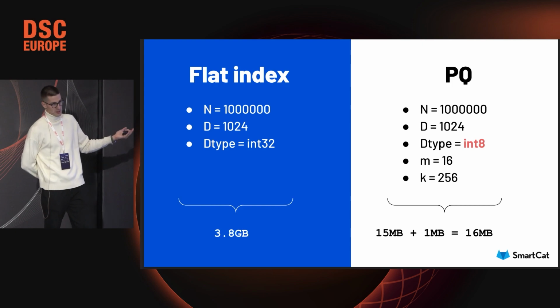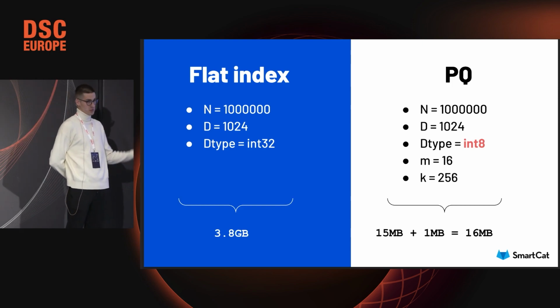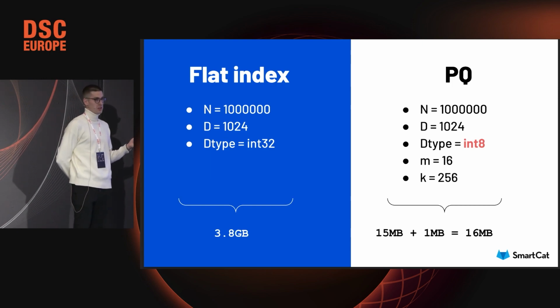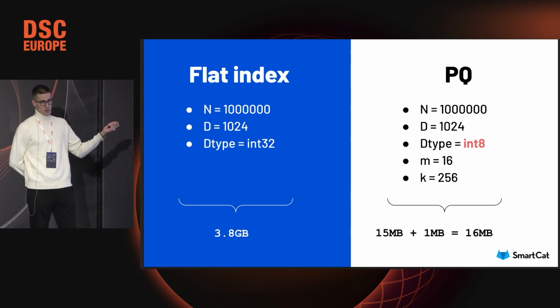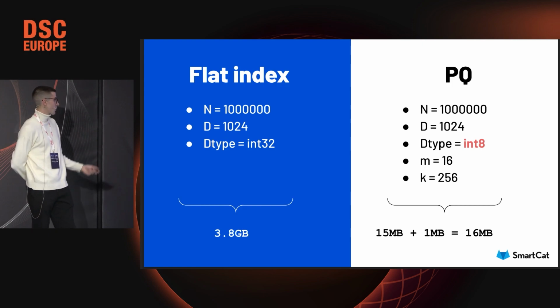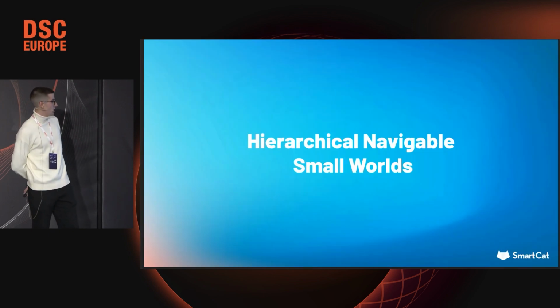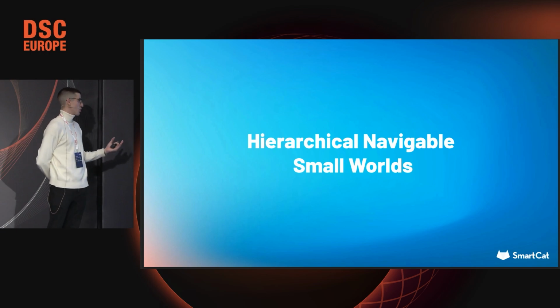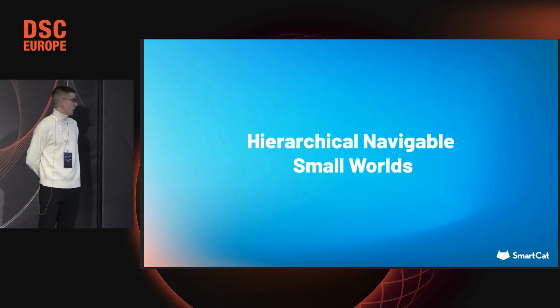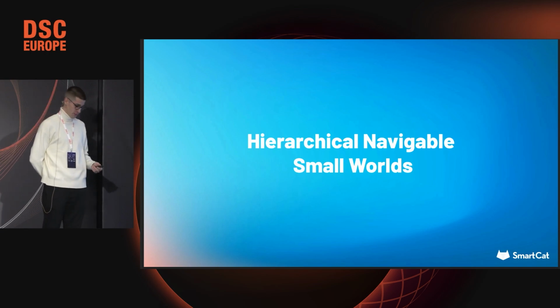This is practically nothing. You can dream about keeping billions of your vectors in your memory. And one thing we'll see later is that you can combine PQ with indexes, so you get both memory consumption and speed gains.